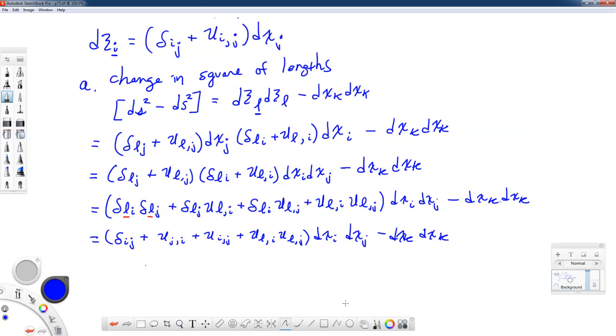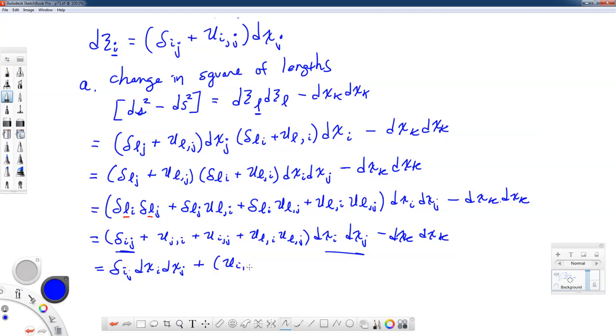Alright, now I'm going to do one more thing. I'm going to take and I'm going to distribute this term with the first term. So I'm going to have a Kronecker delta ij, dxi, dxj. I'm going to leave these terms in the brackets. I'm going to rewrite them in a little bit different order that's a little bit more standard.